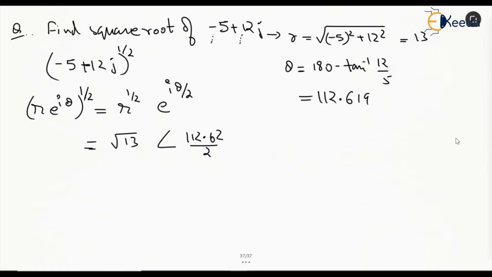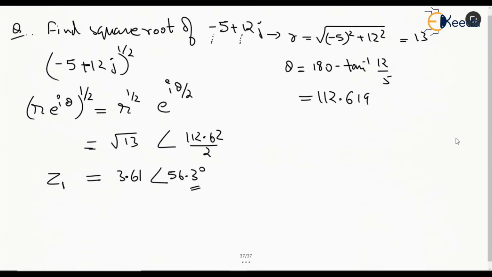This is nothing but root 13, which will be approximately equal to 3.61 at the angle of 56.3 degree. So this is going to be one root of the complex number given as -5 plus 12j.